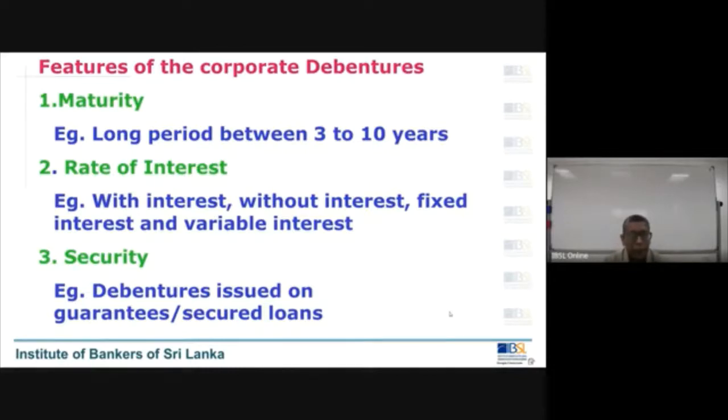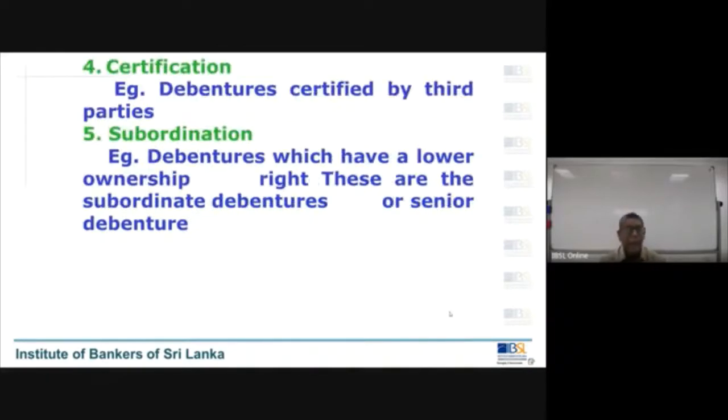And the third feature is that sometimes debentures are issued with security, which we call guaranteed or secured loans. These are some of the specific features of a debenture. Then there may be a certification. Certain debentures are certified by third parties. For international trade also, your LC will be confirmed by another bank, something like that.